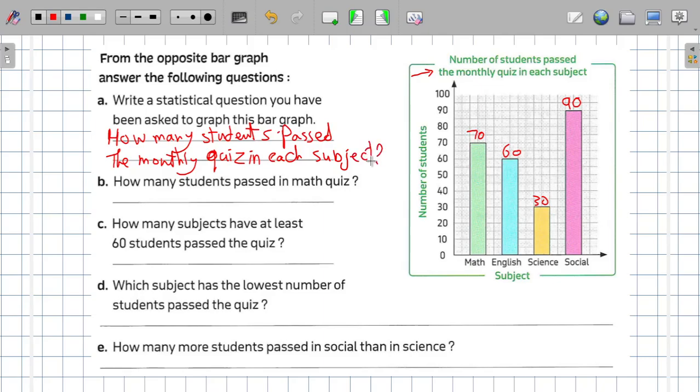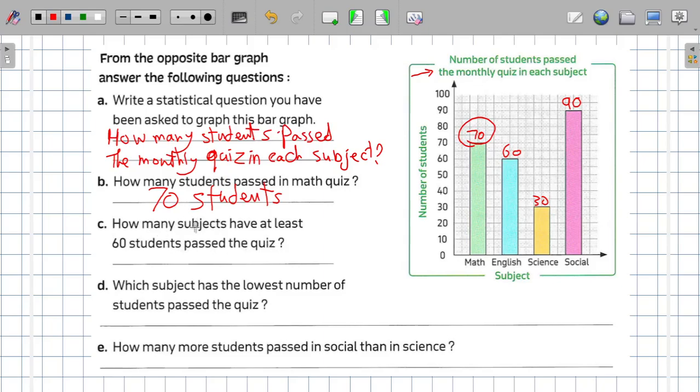Okay. Next, I want to ask about how many students passed in math quiz. So I will go to the part of math, and I think it's 70. So I can say 70 students. Next, I'm asking about how many subjects have at least 60 students passed the quiz.